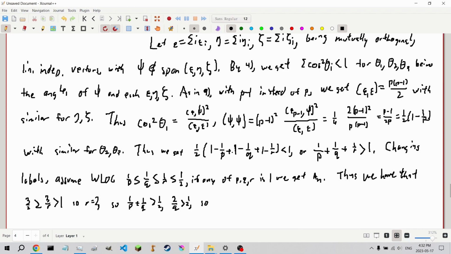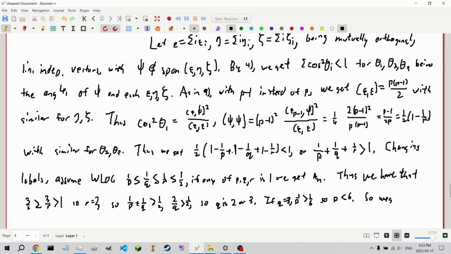So q is 2 or 3. If q is 3, then 1 over p is greater than 1 over 6. So p is obviously going to be less than 6.